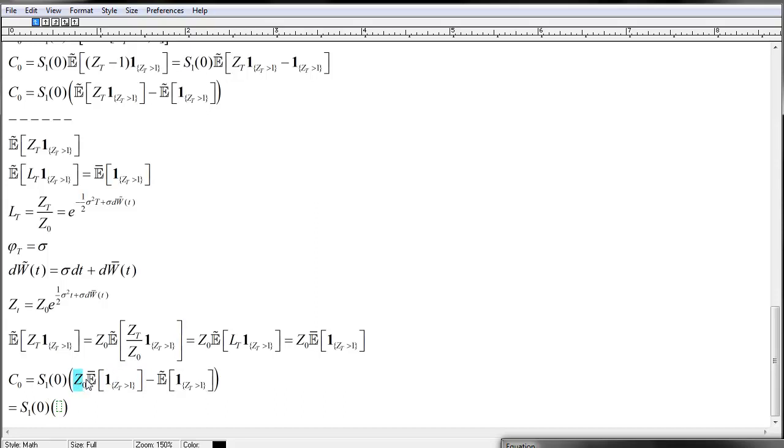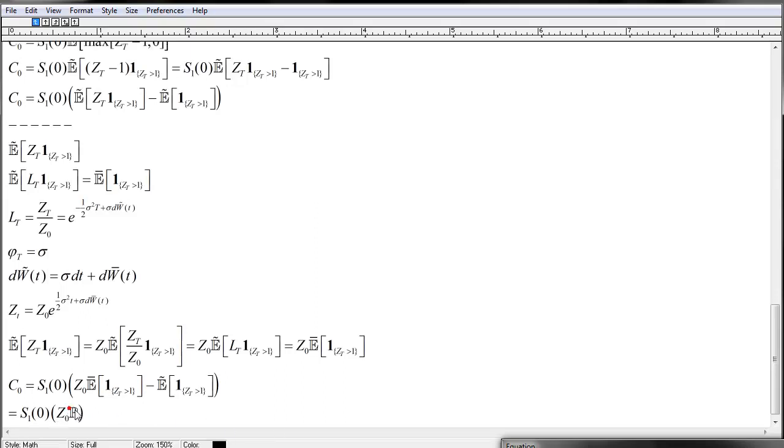So that means that it can be expressed as the probability that this event will occur, and likewise minus the probability under the risk neutral measure that this event will occur.